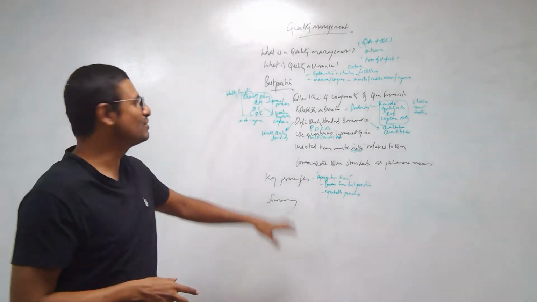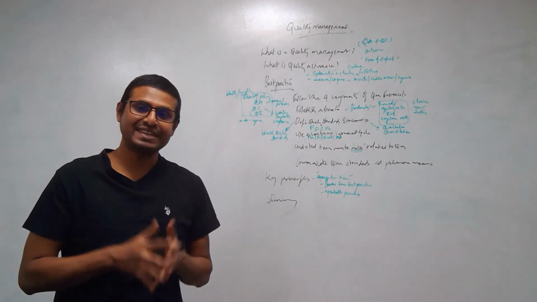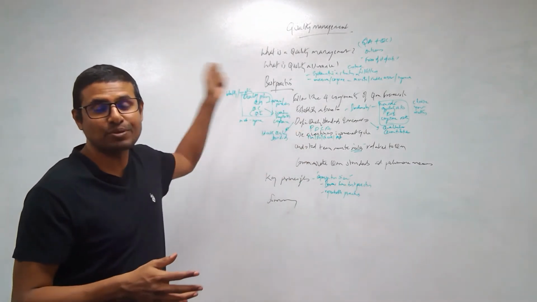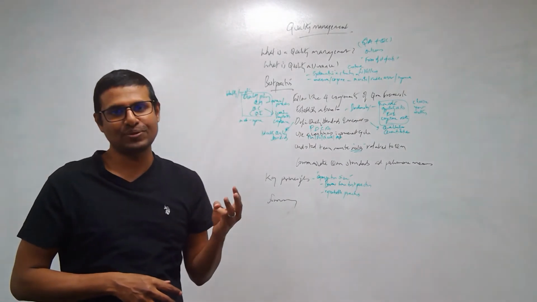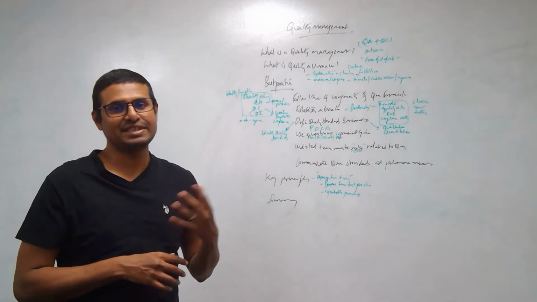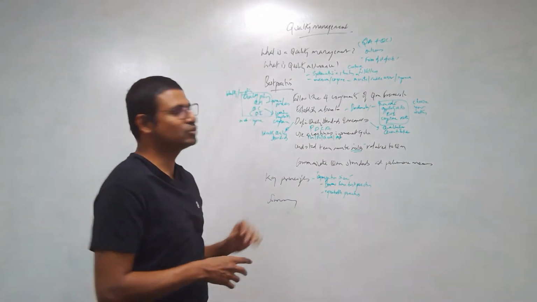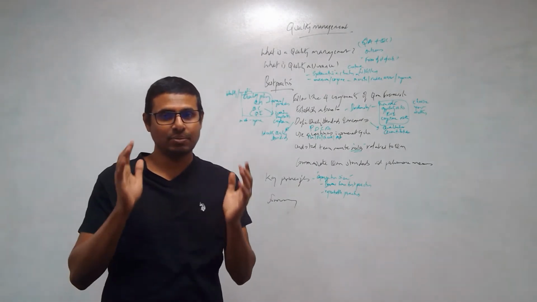That leads to the final point, which is continuous quality improvement. So that's it: quality planning, quality assurance, quality control, continuous quality improvement. 4 key frameworks.